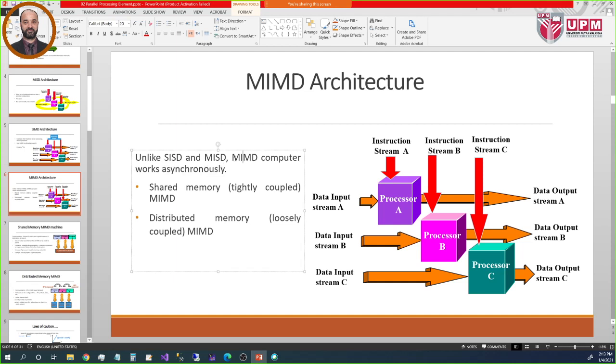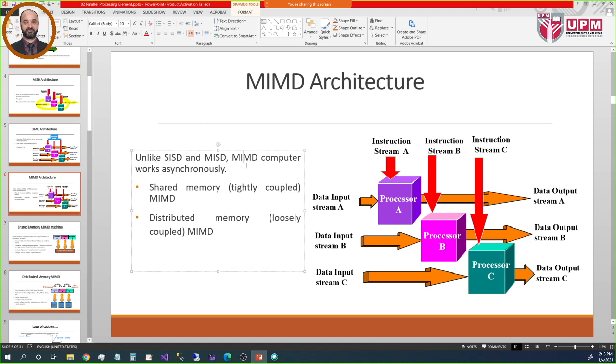But for the MIMD, they only share maybe the same machine or whatever, but the processing will happen independently, because the instruction is different, the data is also different. So no point to make it synchronized unless we have a purpose for that.